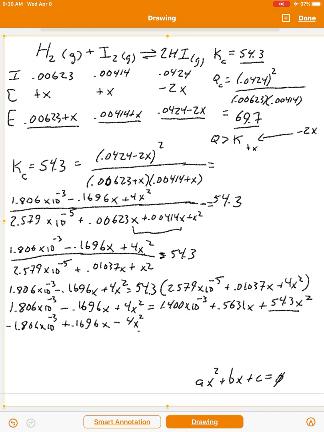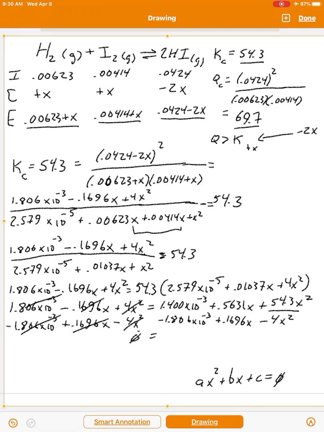So we're going to have to subtract 1.806 times 10 to the minus 3. We're going to have to add 0.1696x, and then we're going to have to subtract the 4x squared. Okay, so that'll make it 0 on the left side, right? Because those add up to 0, those add up to 0, and those add up to 0.